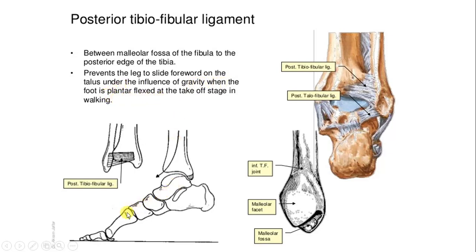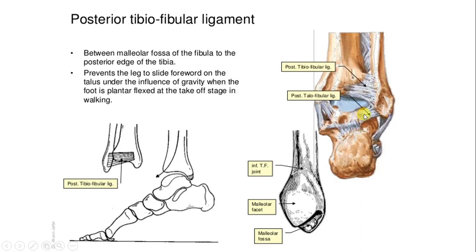Here you can see the foot is plantar flexed while walking, and it tends to move forward, but this ligament prevents this forward sliding of the talus.